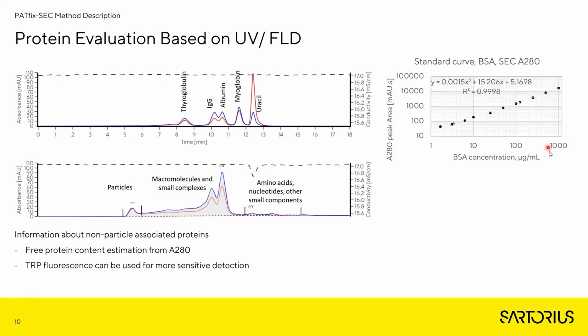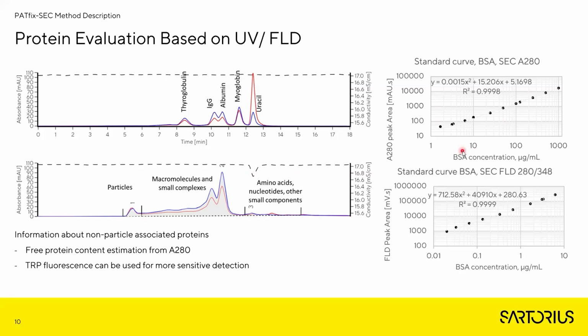Here I show you a standard curve plot for albumin. You can see that the linear range for protein detection is quite wide in this method. If we need even more sensitive protein detection, we can go for intrinsic fluorescence of tryptophan.